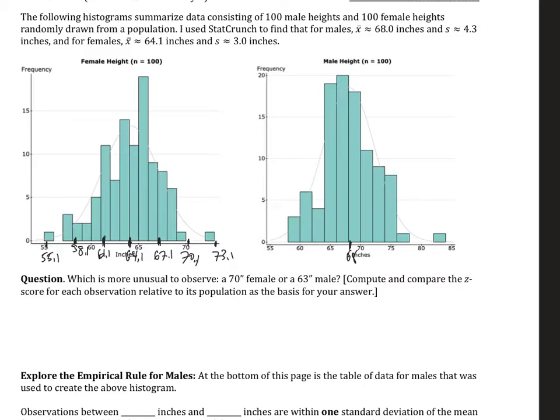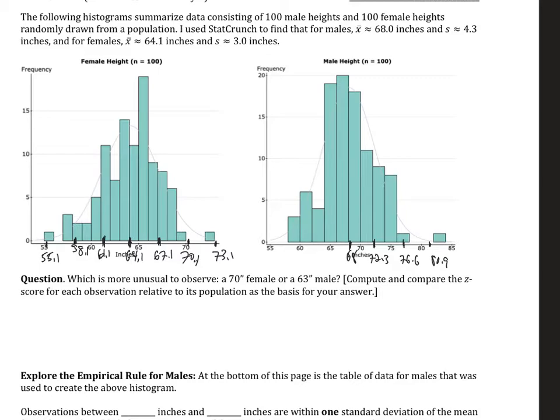Adding 4.3 to that will give me 72.3, so somewhere in there. Adding 4.3 to that will give me 76.6. And adding 4.3 to that gives me 80.9. So those are my 3 standard deviations above the mean.